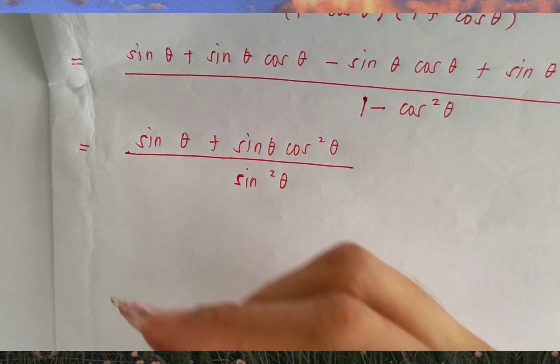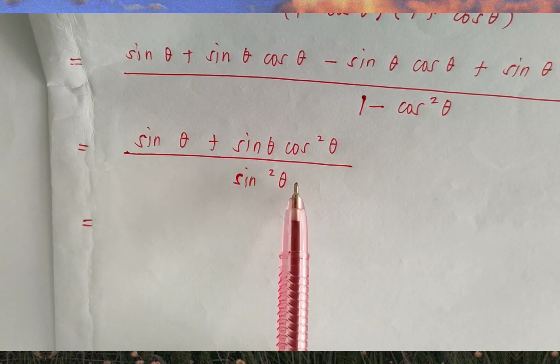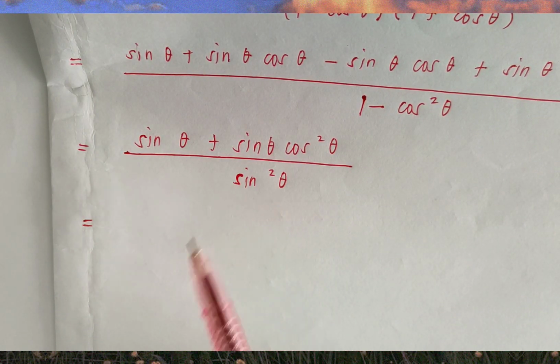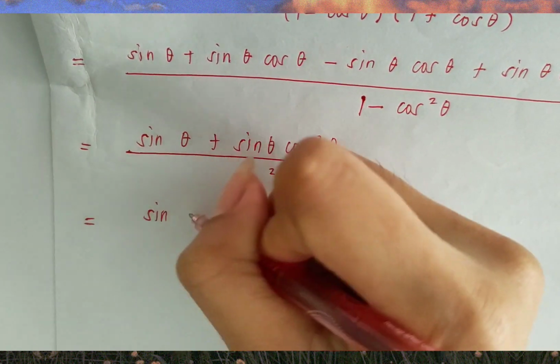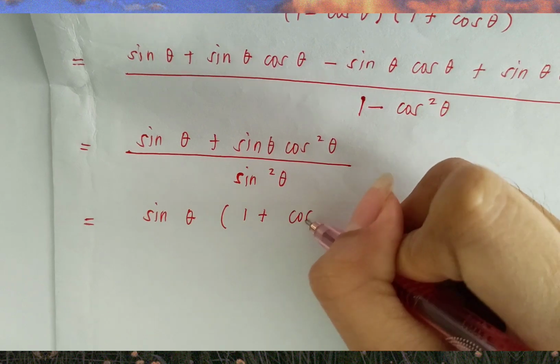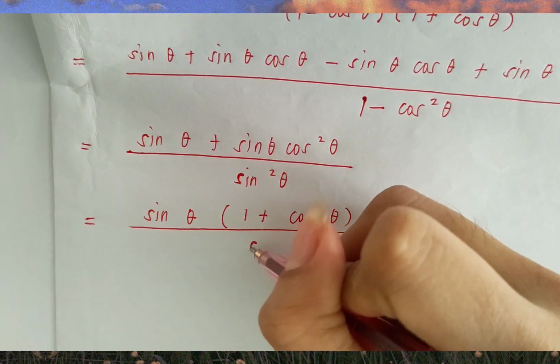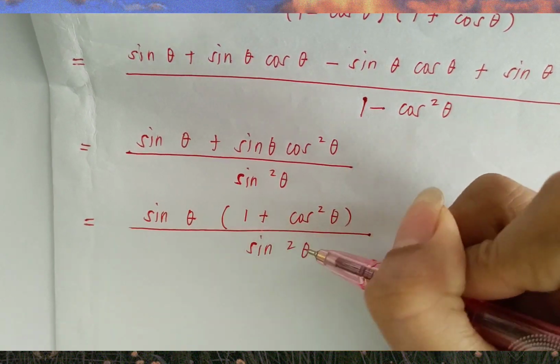Next, sine theta plus sine theta cosine squared theta all over sine squared theta. Okay, we have there sine theta times the quantity of 1 plus cosine squared theta all over your sine squared theta.